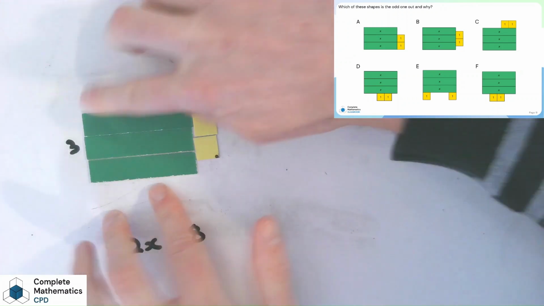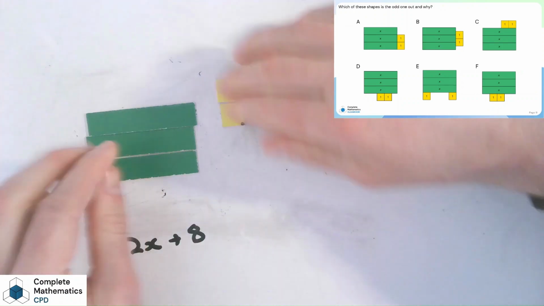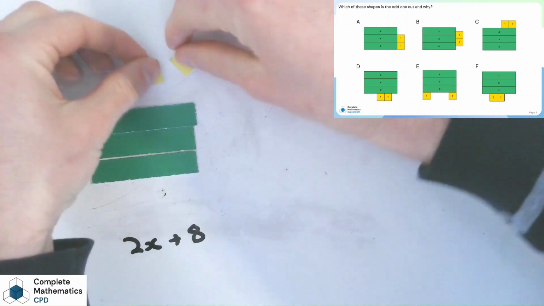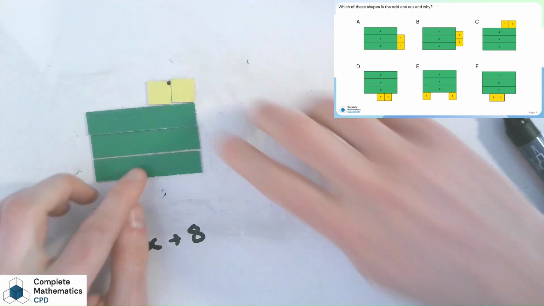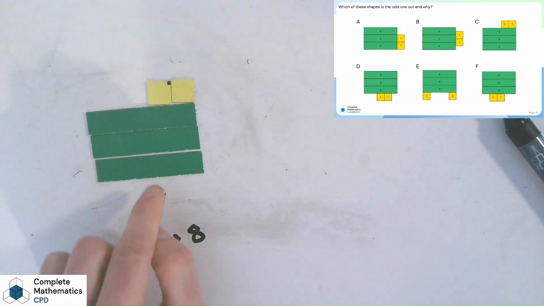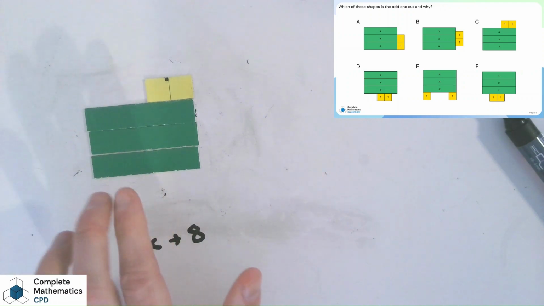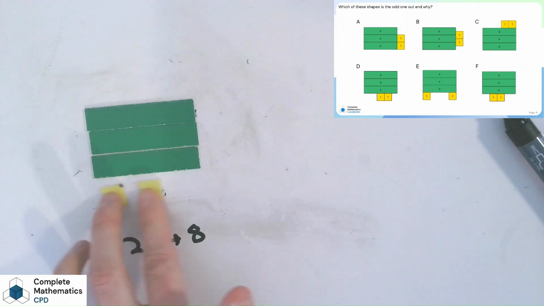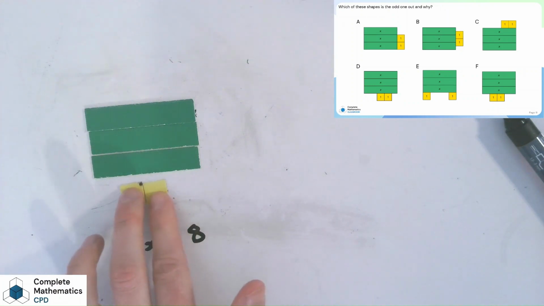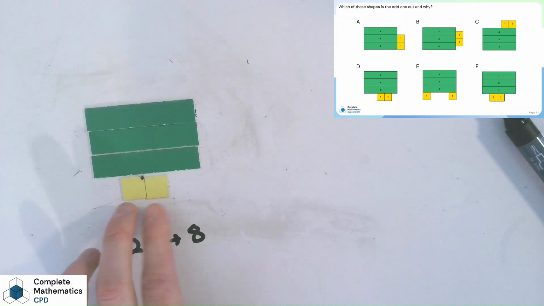And we can have the same argument for all of these tiles as we go around it. When I put the tiles in this orientation for shape C, we've still got the same perimeter. And that's the same for D and for F as well. It's only when I look at shape E that something changes.